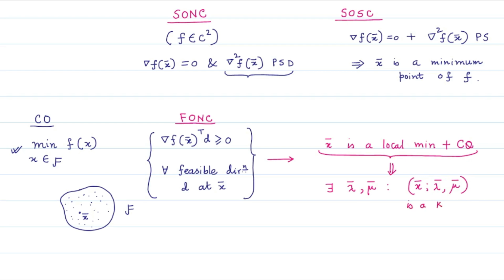So this triplet is a KKT point if the point x bar is a local minimum point.